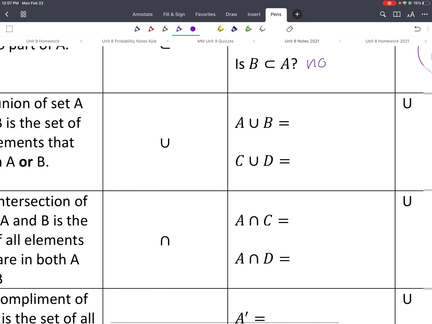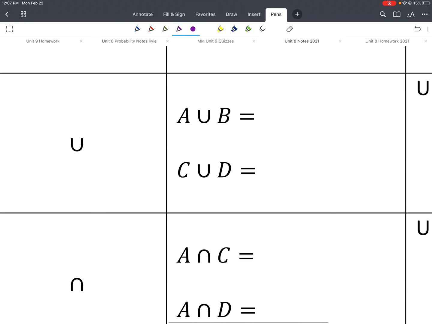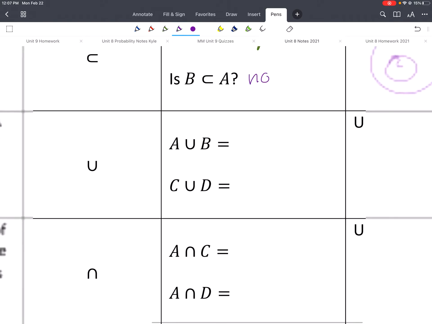Another way to think about that is if we have set A and we have set B and we want to union them, you can think of the U as union, or you can think of it as like a bowl, and we're just going to put everything in that bowl. So let's look at an example of what that looks like.